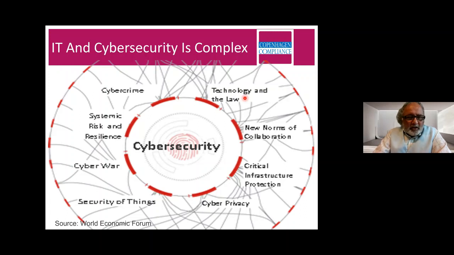And this makes, of course, IT and cybersecurity on a global level much more complex, because we know that data knows no boundaries. We know that data transfers is a global phenomena, and we need to have some laws, some mandates that govern this.